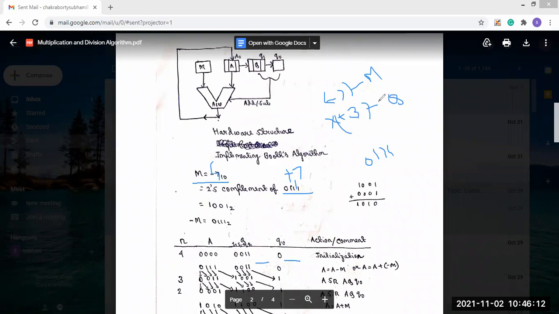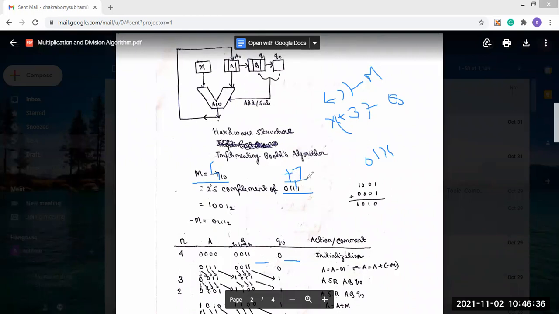Now this 4-bit representation we will do for the positive value of that number. Using 4 bits we will take the positive of 7, because it is minus 7. So the positive number will be plus 7.